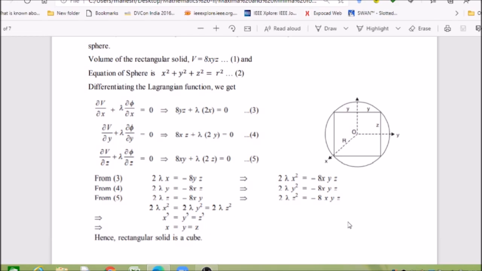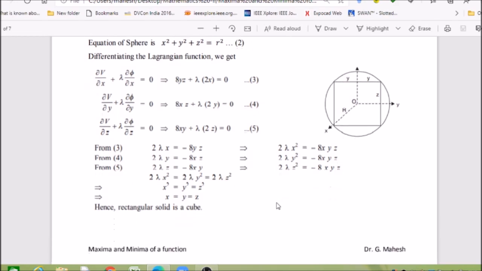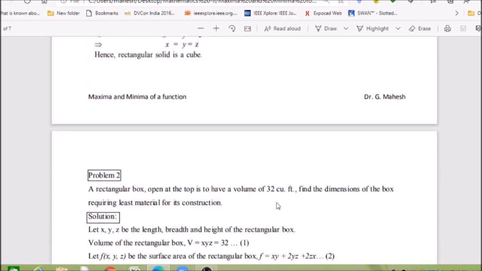Since for all these quantities the right hand side is the same, I can equate 2 lambda x square is equal to 2 lambda y square is equal to 2 lambda z square, or x square, y square and z square are equal, or x is equal to y is equal to z. So hence this rectangular solid is a cube, since all the 3 dimensions are the same.